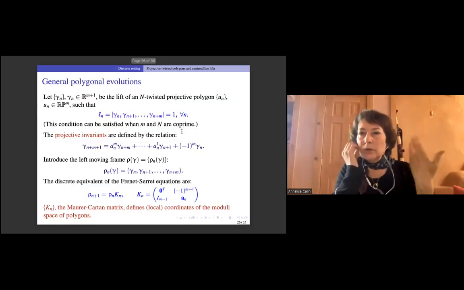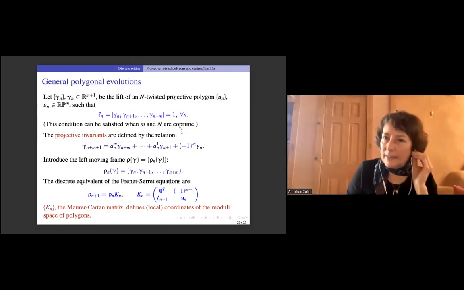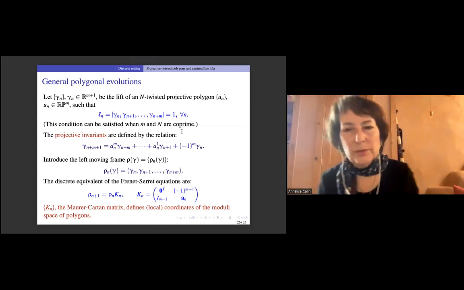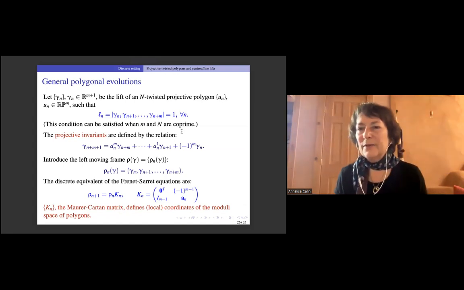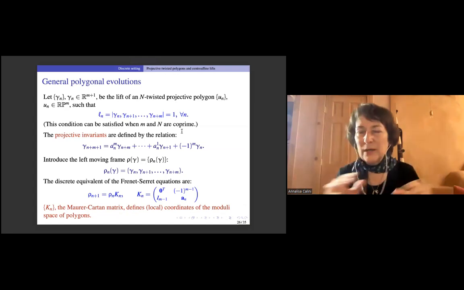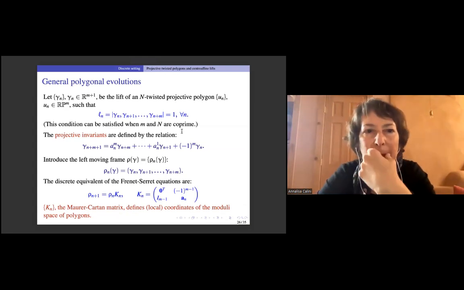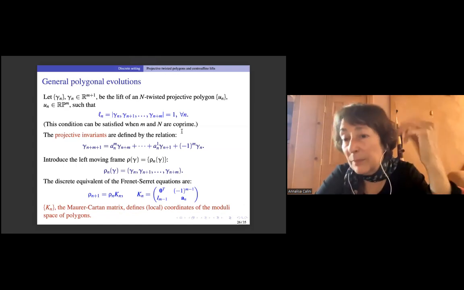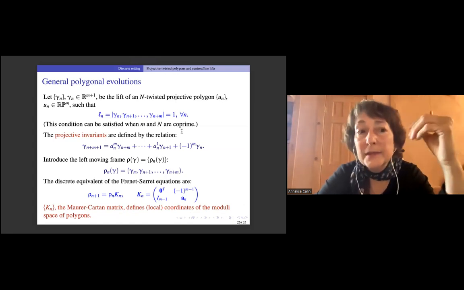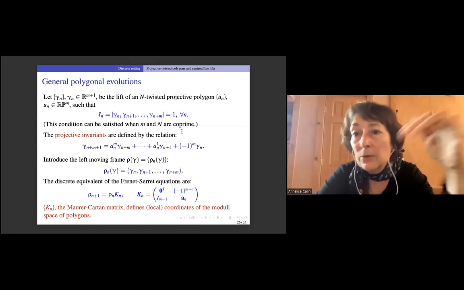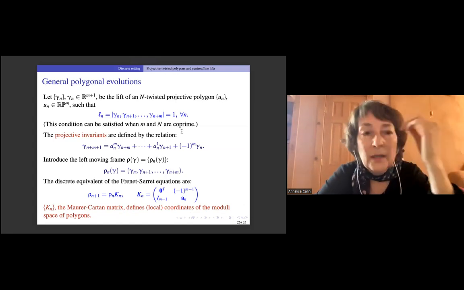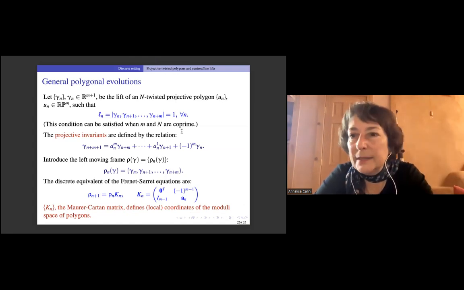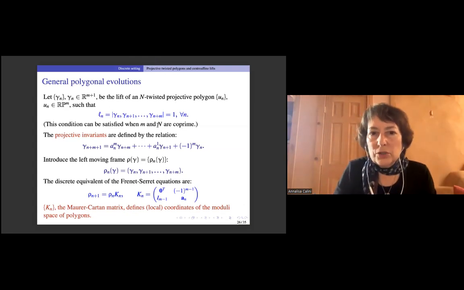Now, you can construct general polygonal evolutions. And the way you do it is very similar again to the whole scheme we have been building up. Suppose you have a lift of a projective polygon, again, a bunch of points in RPm now, go to higher dimension, with an arc length condition.